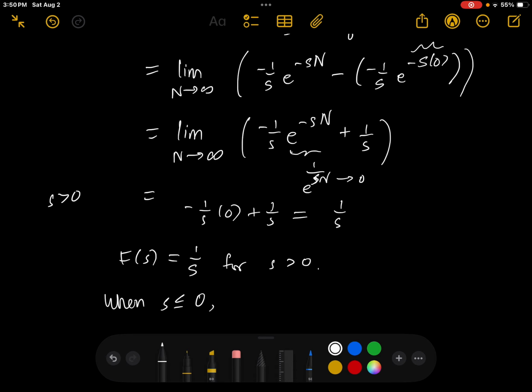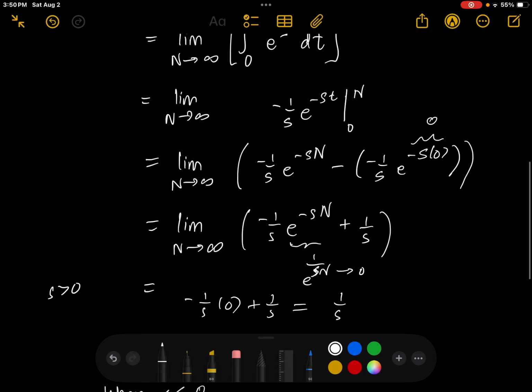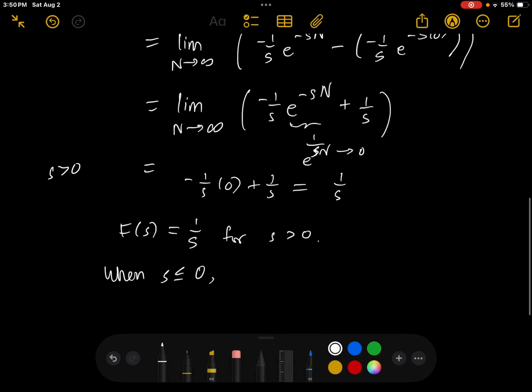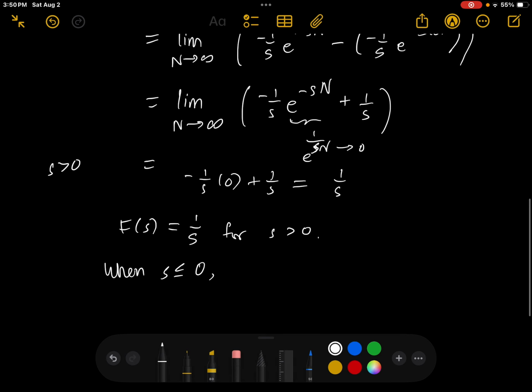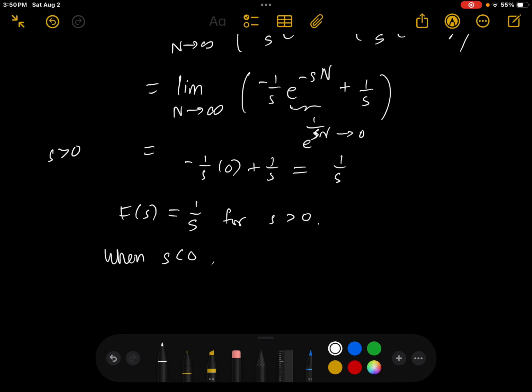Well, first of all, when s is 0, you can't even do this, so maybe instead let's just talk about what happens when s is less than 0. When s is less than 0, this limit is not going to exist.